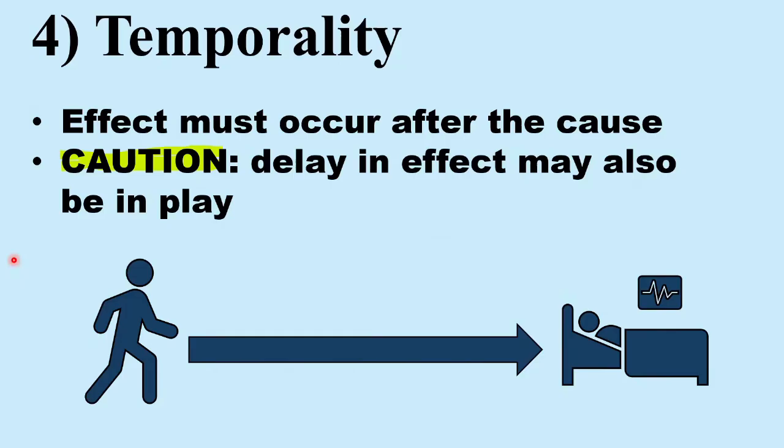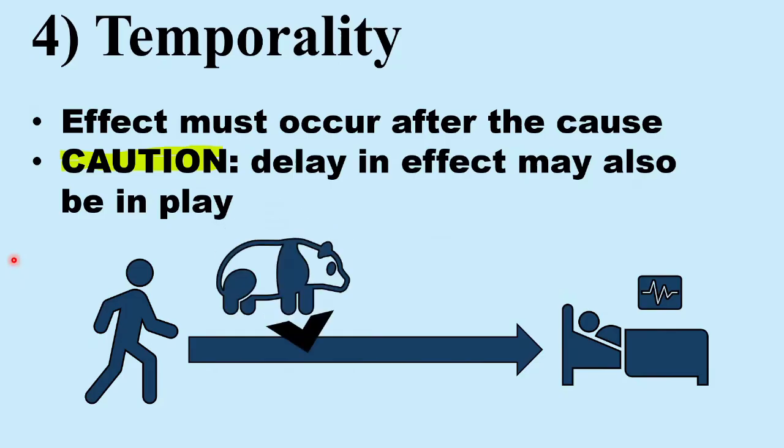For example, someone gets sick and you think it's from a rabid panda bite. Well, the disease, like being hospitalized for rabies, has to occur after the panda bite. It can't happen before the panda bite. So temporality is an important criterion.